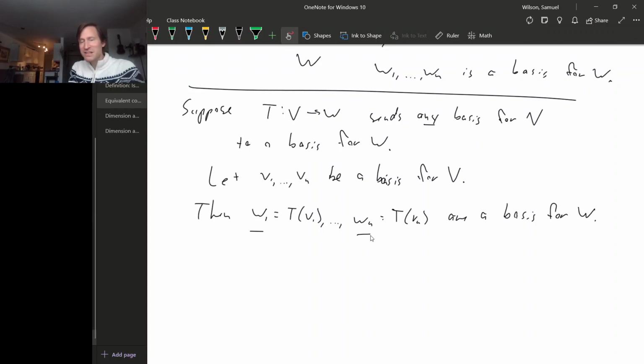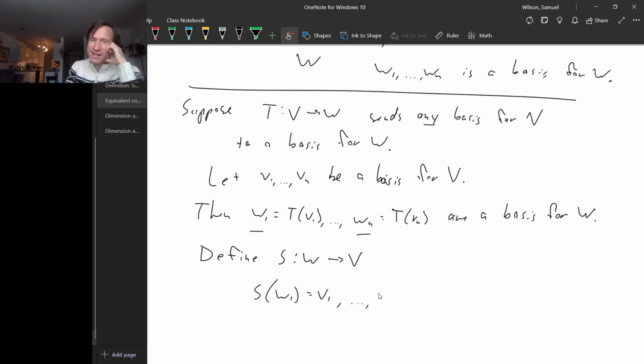So now that we have a basis for W, having a basis for W makes it really easy to define a linear transformation. So let's just define a linear transformation from W to V. It's easy to define such a linear transformation because we just need to specify the values of S on a basis for W, and we have a basis for W. So let's say that S of W1 is V1, and so on, up to S of Wn is Vn.